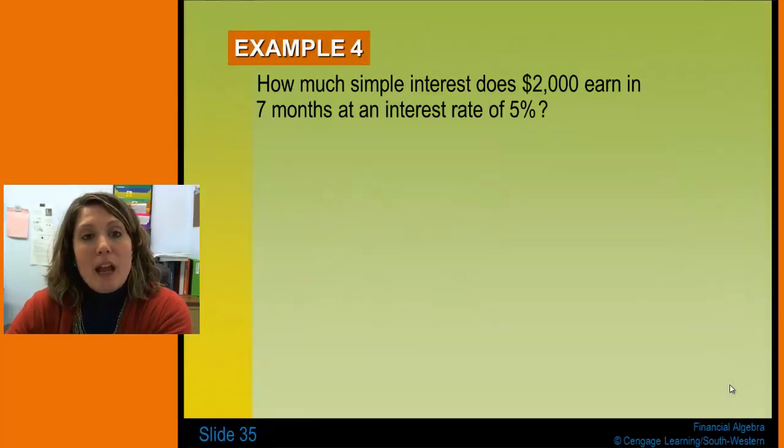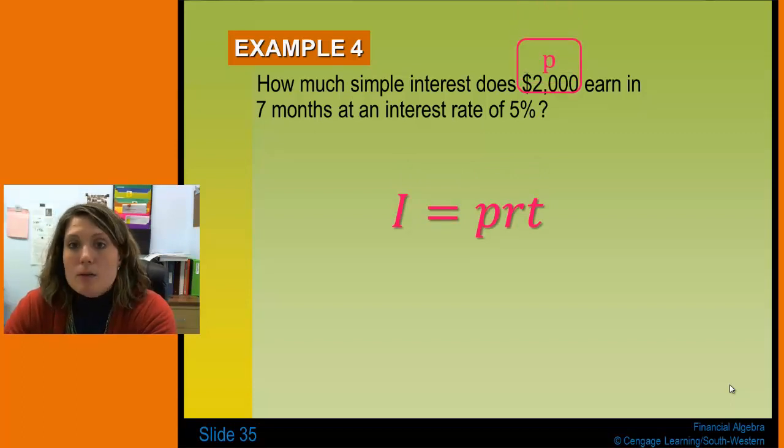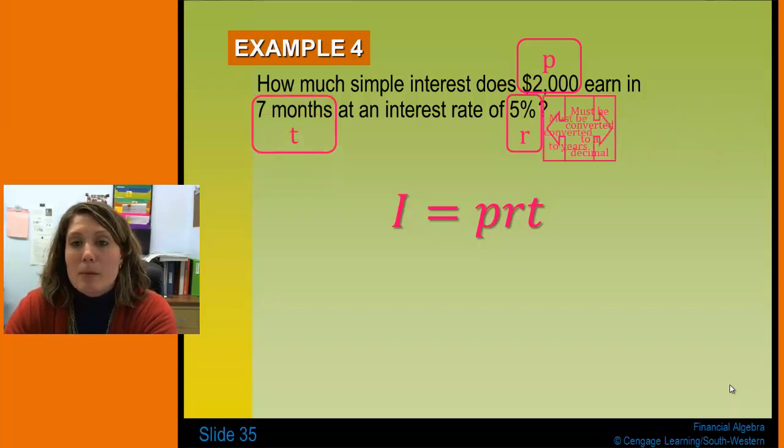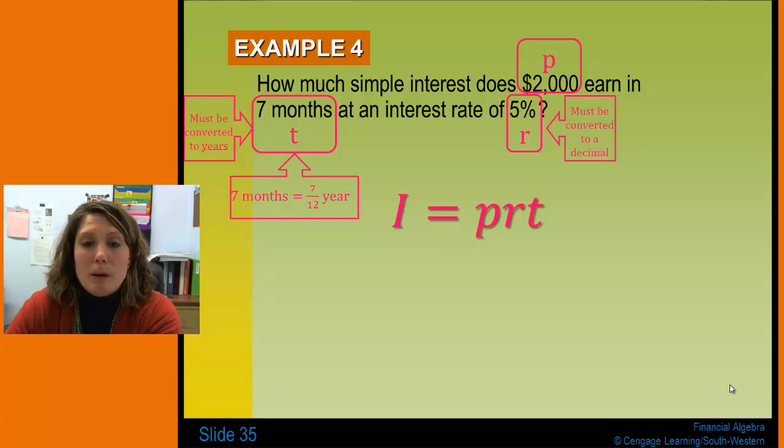Example 4. How much simple interest does $2,000 earn in 7 months at an interest rate of 5%? Well, again, like I said, here's our formula. Pull out my principal. There's my rate. Again, must be converted. 7 months. This also must be converted to years now. There are 7 months out of 12 in 1 year for this particular problem. So go and substitute now.